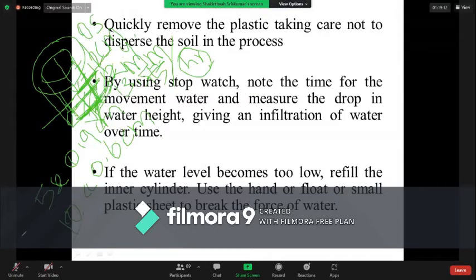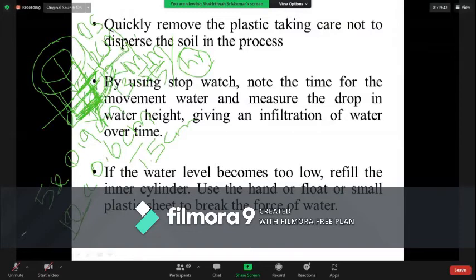So at the end of 10 seconds, what is the total infiltration? 0.9 centimeter plus 0.6, so that is altogether 1.5 centimeter infiltration. Once the water level comes near the ground level, you can't measure the height.